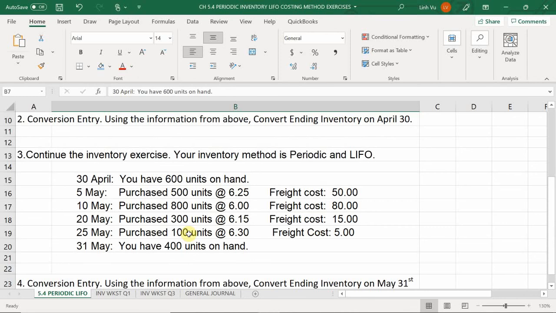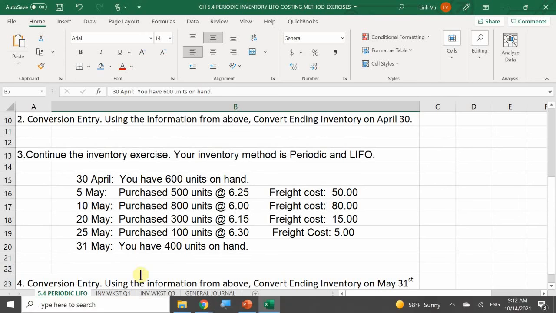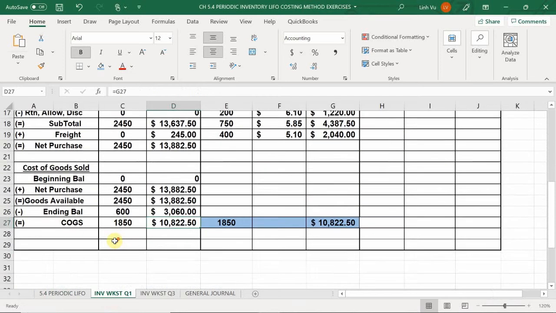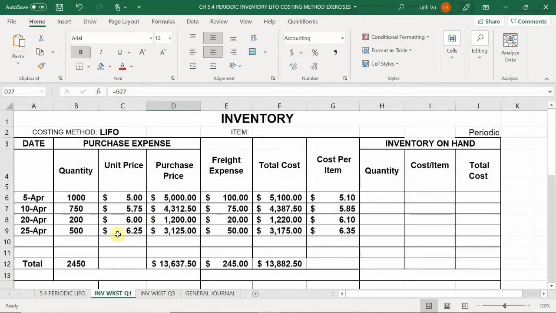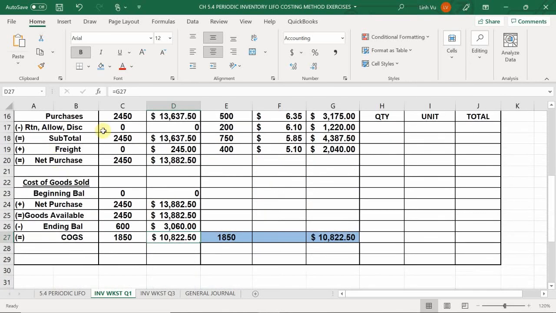So here you're given that on April 30th, you have a total of 600 units on hand, which we know. What we're going to do is carry that number over into our inventory worksheet. We eliminated these 3 batches, so we only have this one batch of inventory left, which is the 600 units at $5.10 each, giving us a grand total of $3,060.